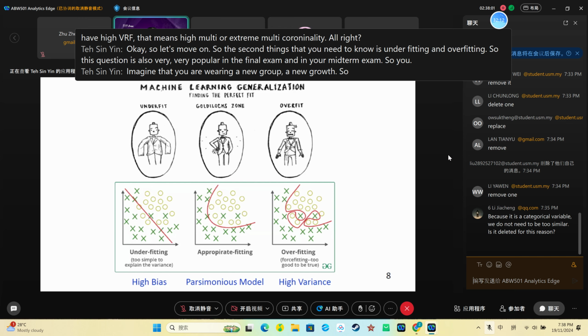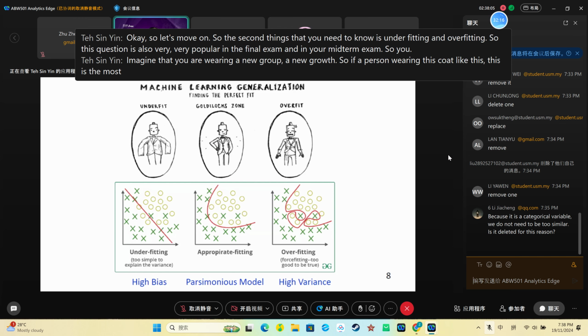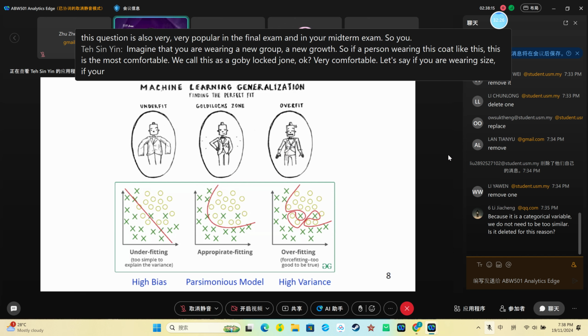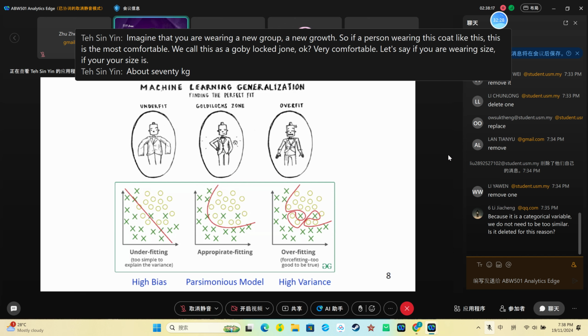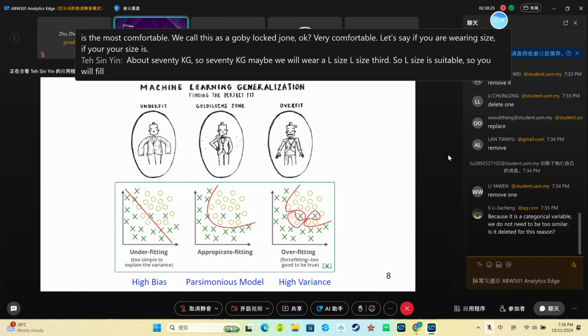If a person is wearing a coat that is the most comfortable, we call this the Goldilocks zone. Let's say your size is about 70 kg, maybe you will wear an L size shirt. So L size is suitable, and you will feel very comfortable wearing this shirt.